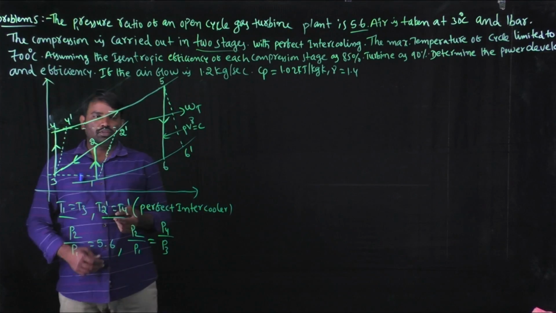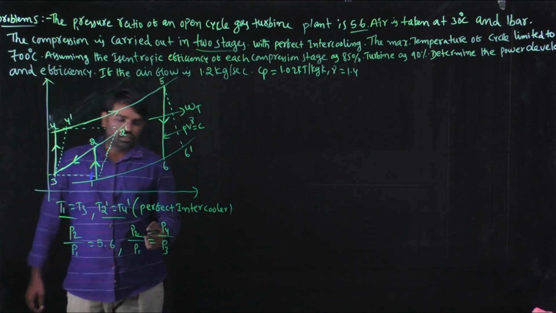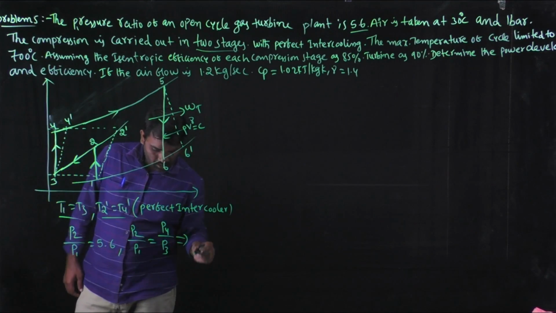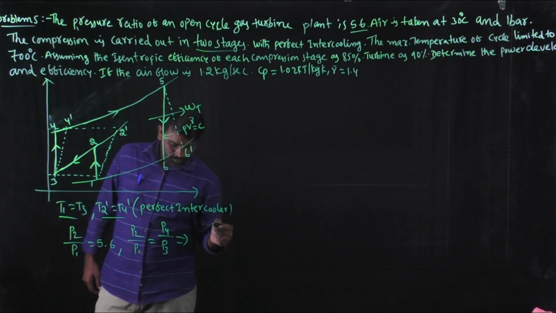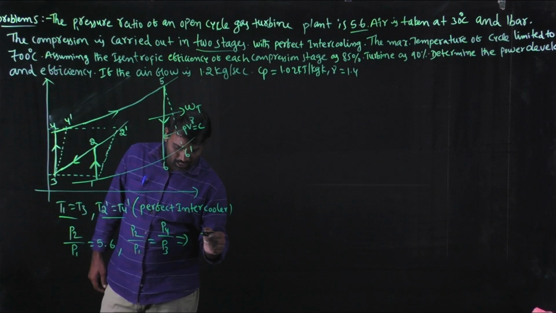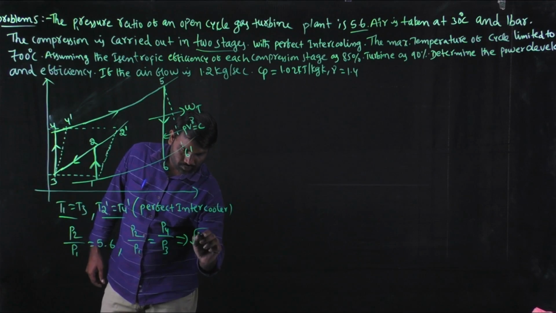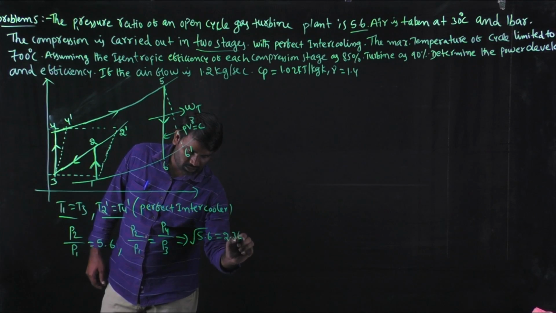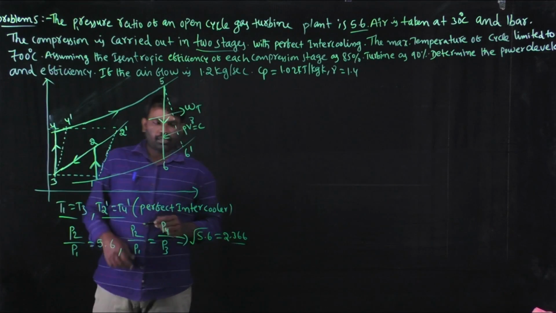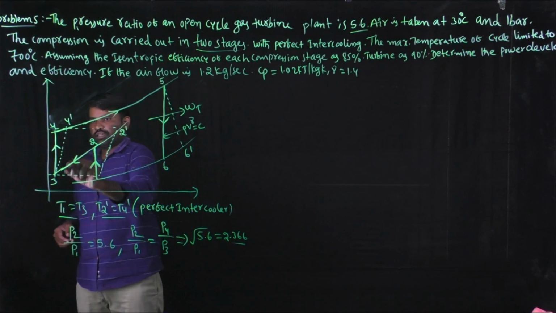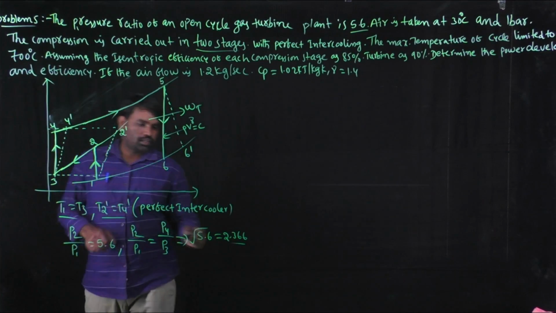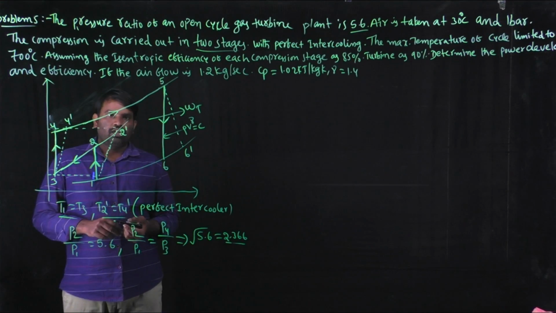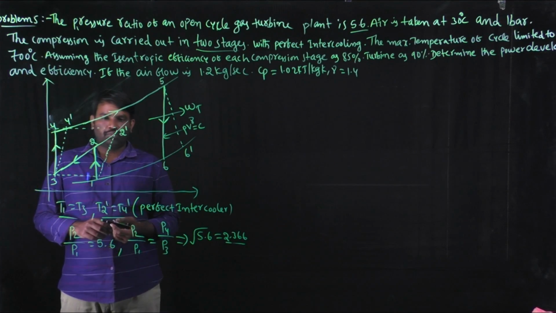That's why the pressure ratio is the same. From this relation, P4 by P3 is the square root of 5.6, which is equal to 2.366. The second compression pressure ratio is 2.366.